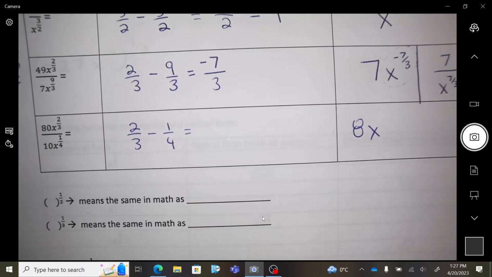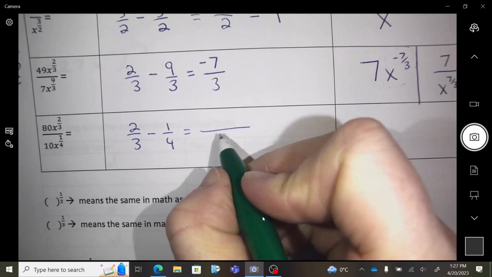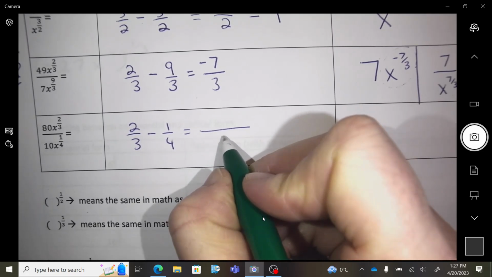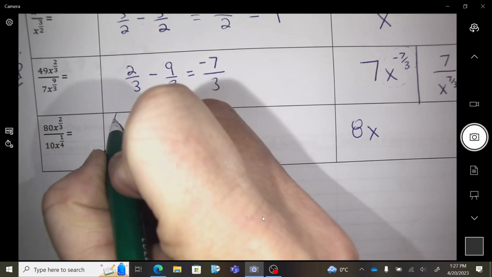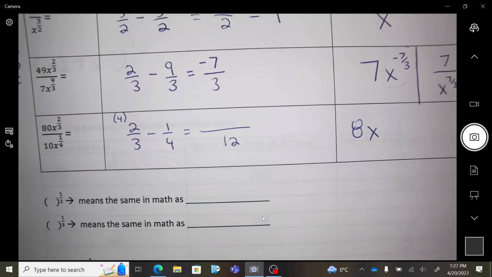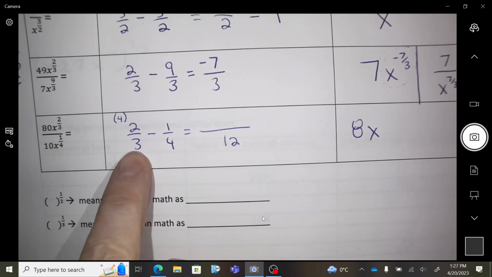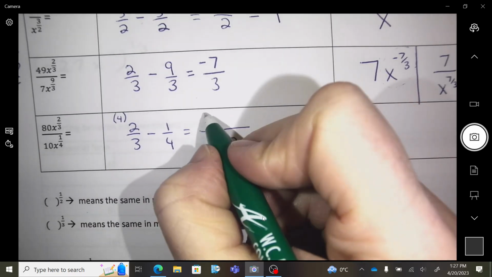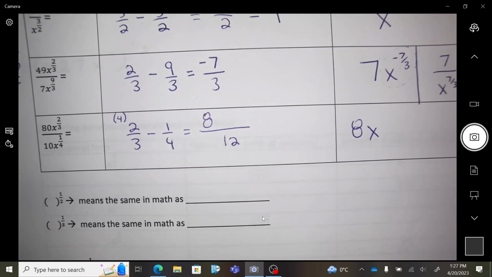So the bottom is not the same. What do you want to pick as a number? 3 and 4, 12? So I'm going to be timesing this unit by 4 because I would like to turn this into a 12. So then that top would turn into an 8.